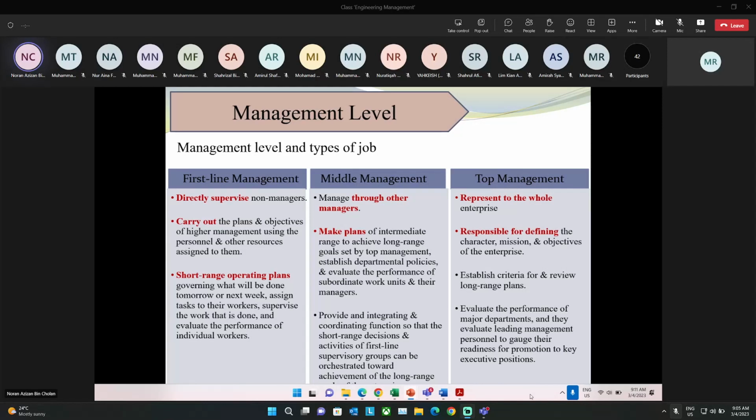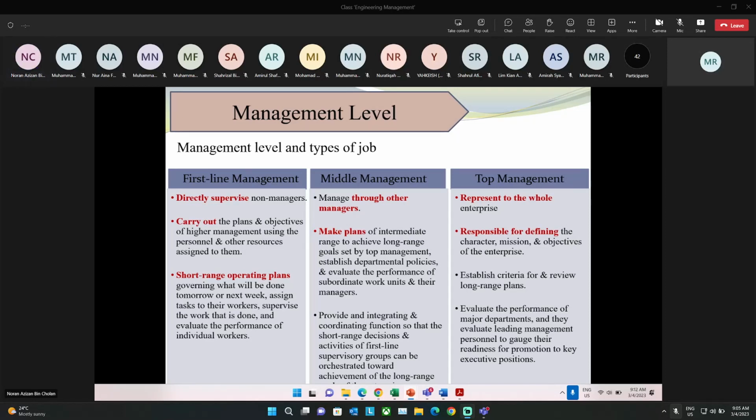And then we go to the job of the chief engineer. Manage through other managers, and then make plans of intermediate range, maybe about 1 month.